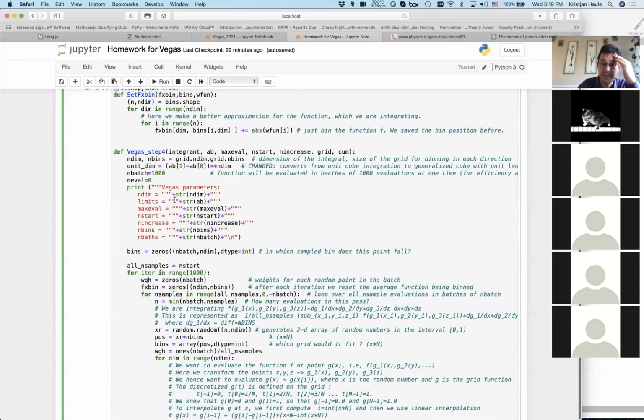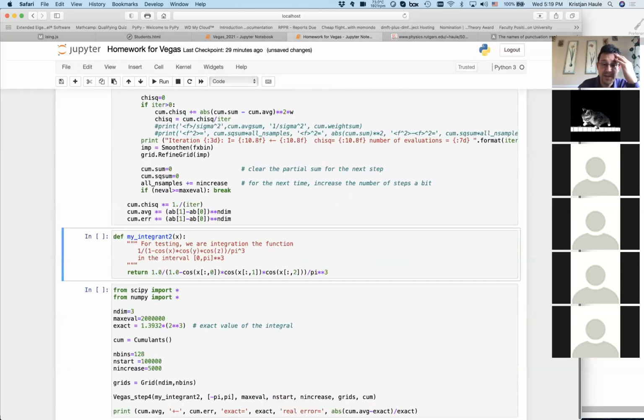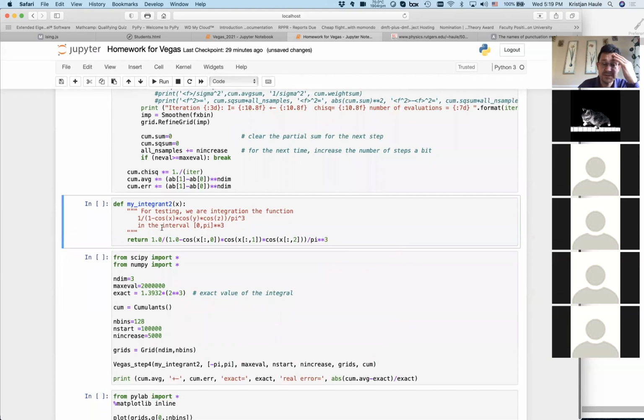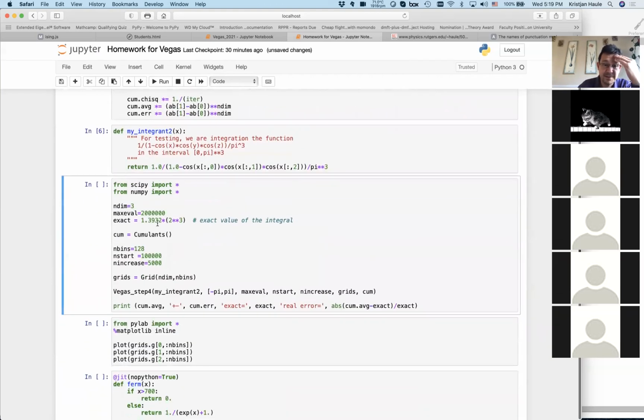Okay, so let me now evaluate this. Now my integrand is exactly the same as before. We didn't change anything. And now we are gonna test it. We are gonna do 2 million random numbers, 1, 2, 3, 4, 5, 6, yeah, 2 million numbers. So the exact value is 2 to the power 3 times bigger, which is 8 times bigger than before.